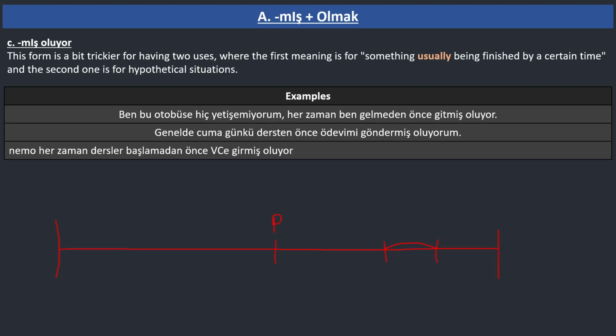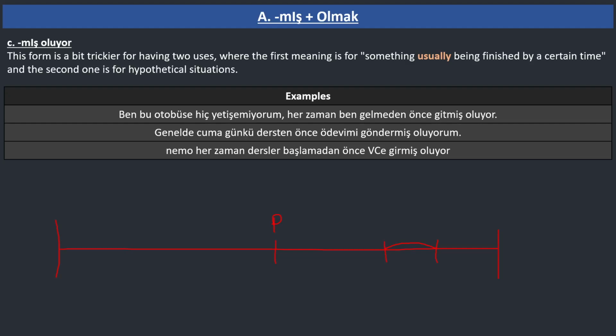So Nemo her zaman dersler başlamadan önce voice chat'e girmiş oluyor. So Nemo enters voice chat every time before the lessons start.